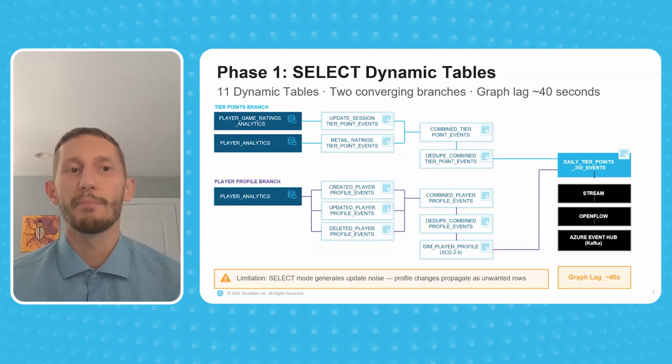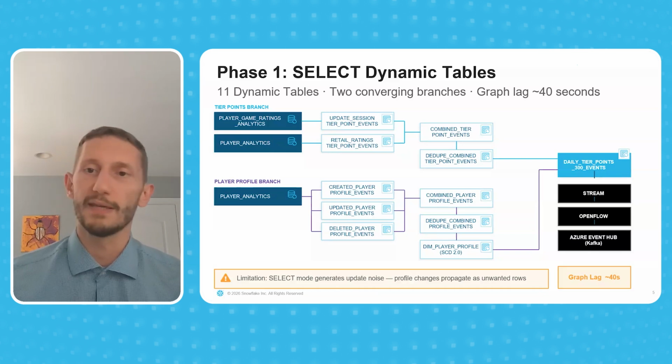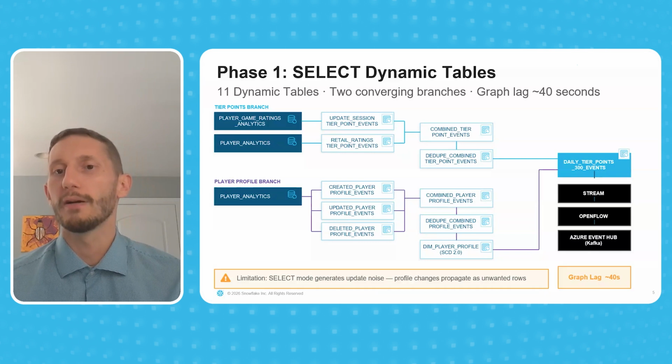And we have some player profile specific events like created, updated, or deleted. We need those to get the snapshot of the player at the moment when the food credit is issued, right? To enrich the data of this event with player specific fields. Then we have a Snowflake stream on top of the downstream of this final daily tier points dynamic table.